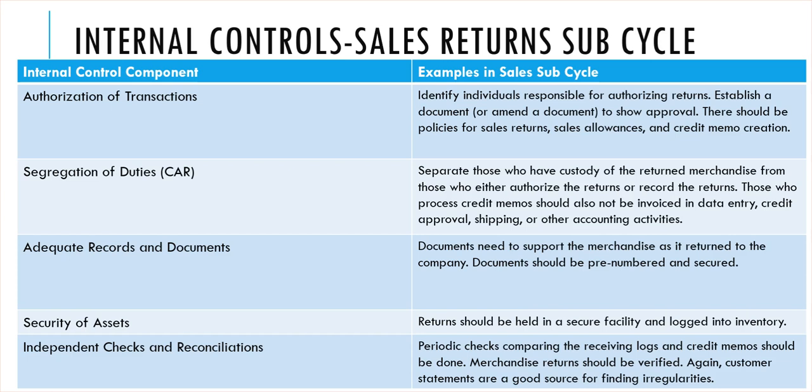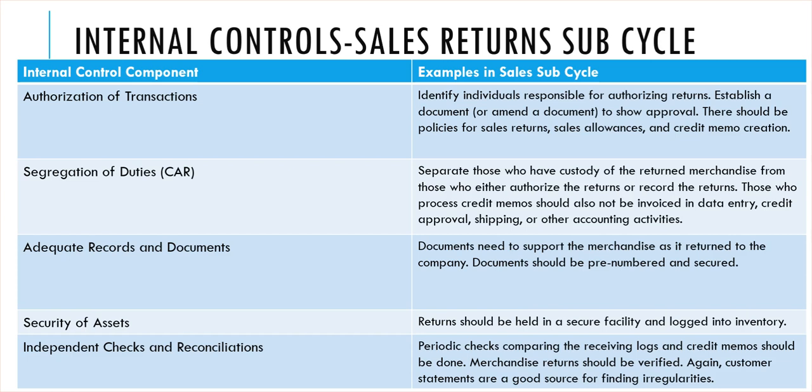I spoke about this previously. You can have an individual that does authorization, custody, or record keeping functions. We just cannot have them in any way related. So when we're in sales returns, we would not want the same individual doing the 3 steps here, and the 3 steps are all within sales returns or within the sales cycle.